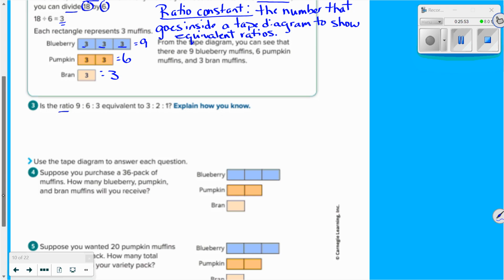Is the ratio 9:6 to 3 equivalent to 3:2 to 1? Or is it equivalent? Yes. Actually, don't look very confident. I have 2 answers. Are they both yes? They could be.